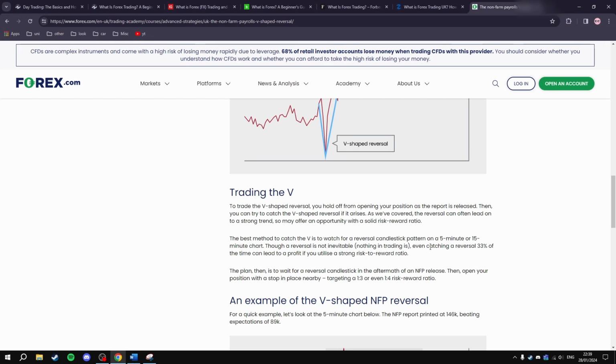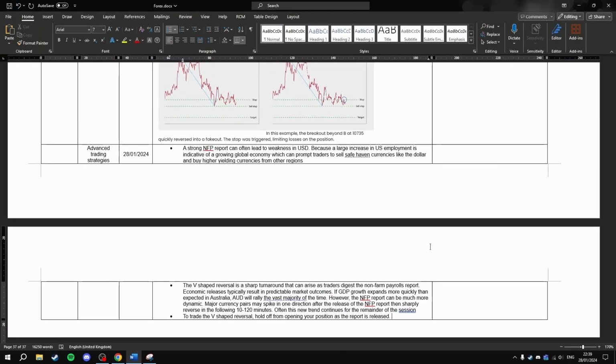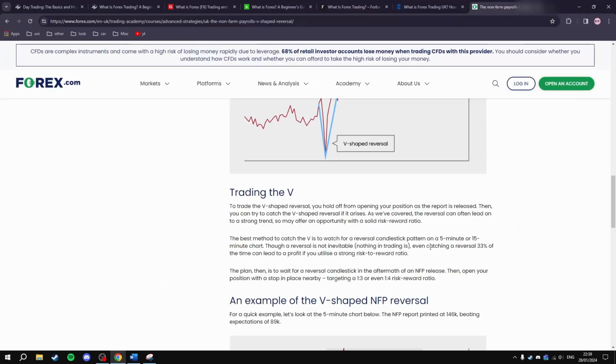Then you can try to catch the V-shaped reversal as it arises. As we've covered, the reversal can often lead on to a strong trend, so may offer an opportunity with a solid risk-to-reward ratio. The best method to catch the V is to watch for a reversal candlestick pattern.